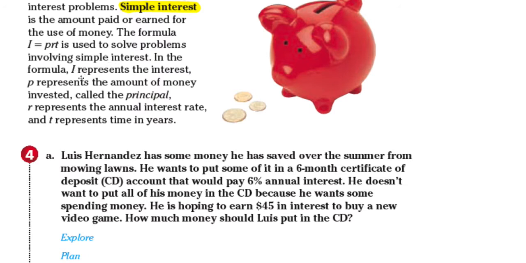I represents the interest, P represents the amount of money invested, called the principal, R represents the annual interest rate, annual means yearly interest rate, and T represents time in years. So again, important, R is your annual interest rate, and time is always in years.